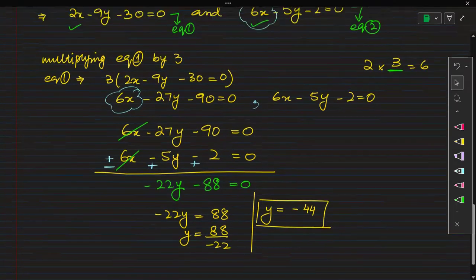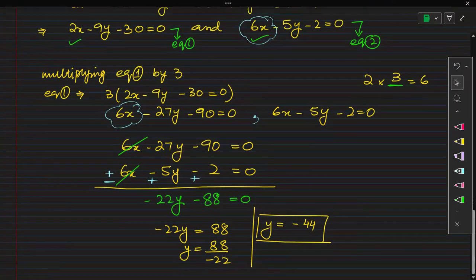Now you have to follow the same step. We have to repeat it. Once we find the value of one variable, in order to find the value of the other variable, we can substitute the value of that variable into any given equation, right?